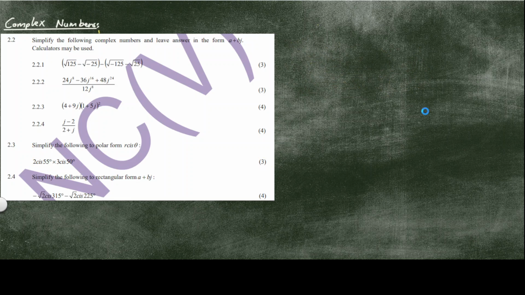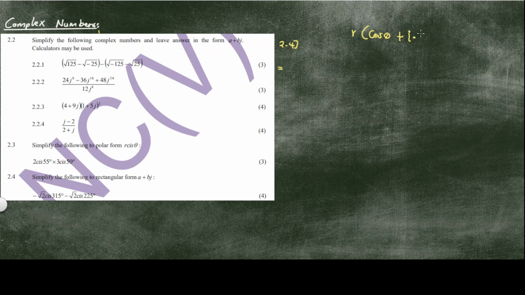Alright, so for 2.4, if this one is negative, simplify the following to rectangular form. That's the one where you're going to use the formula r(cos theta plus i sin theta).